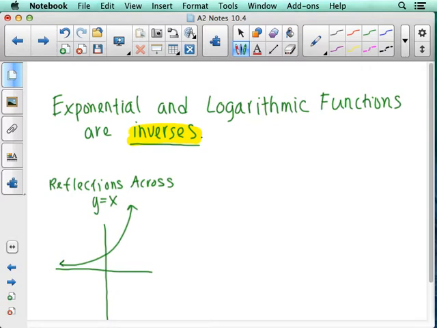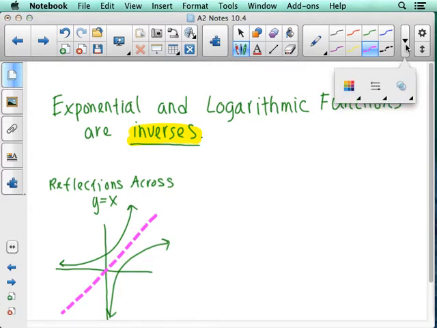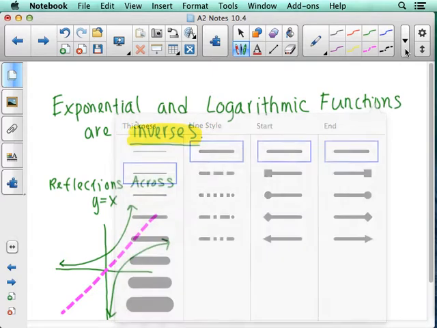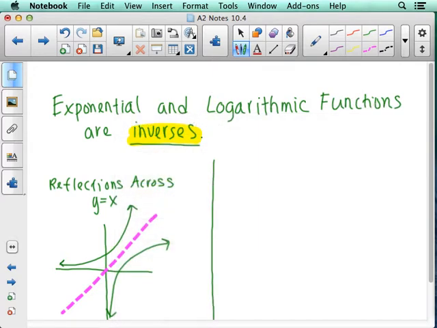Your logarithmic function is going to look something like this. And here's that line y equals x. And they are reflections across it. If we were to make a table of values, the x's and y's would be flipped. The domain and the range are interchanged.